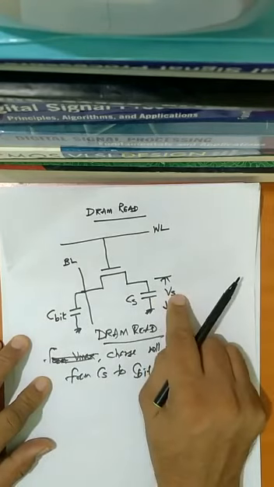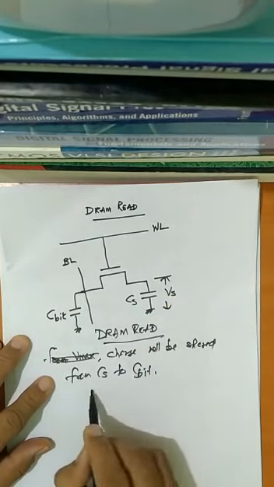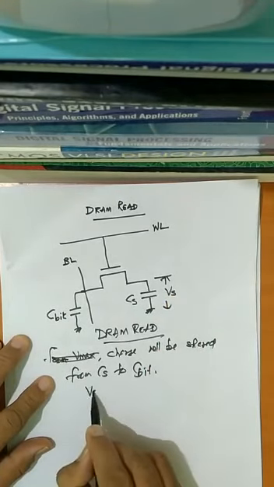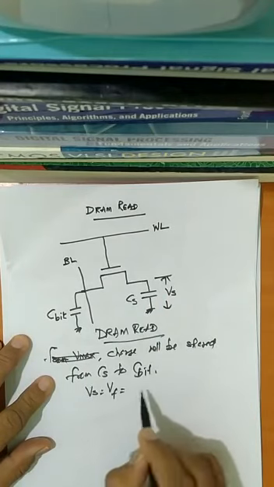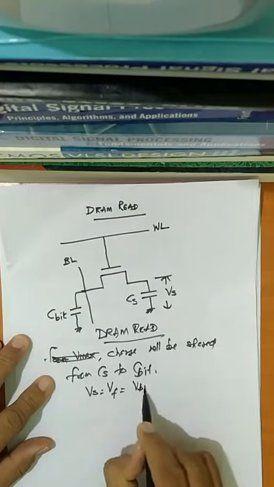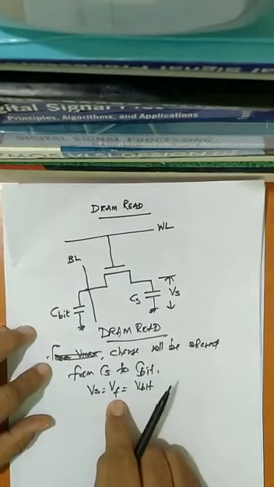So the voltage Vs falls to such a level that Vs reaches a point Vs equals Vf equals V bit. The charge redistribution ceases when this voltage is attained.